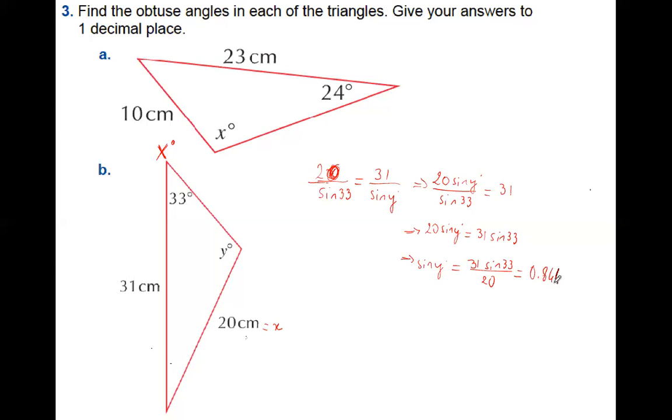0.844. So remember what we said? If I just do y equals this, I'm going to get this y here. But look what they've asked us: find the obtuse angle. So rather than doing y, I'm going to do alpha first, because I know that y here is 180 minus alpha.